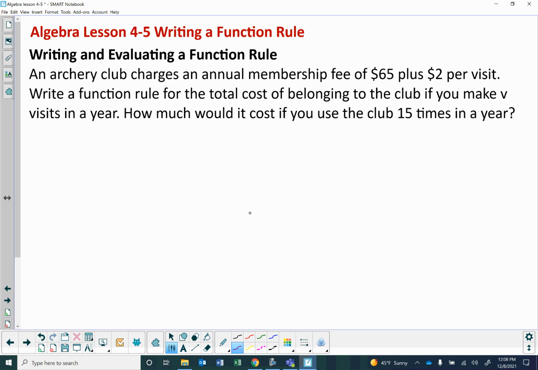So I need two variables here. I need my total cost, and they already gave me V being my number of visits. I'm going to let C equal my cost, and V is going to equal my number of visits.